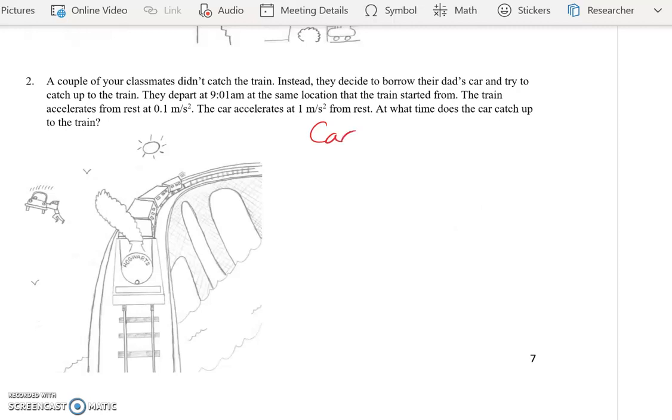So, car, train, final position equals v_i t plus 1/2 a t squared plus whatever initial position you had. Same thing for the train. They start from the same location, so that's nice. Final position of the car, we don't know.